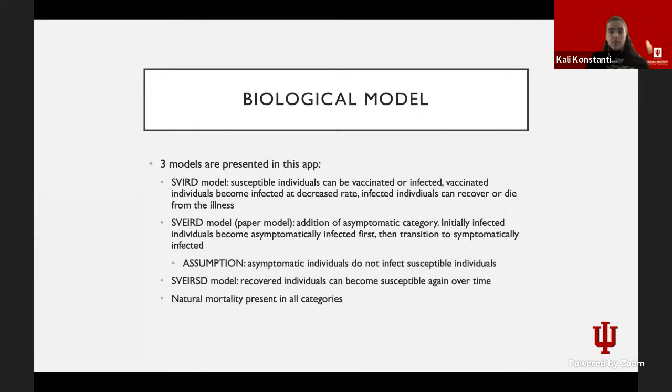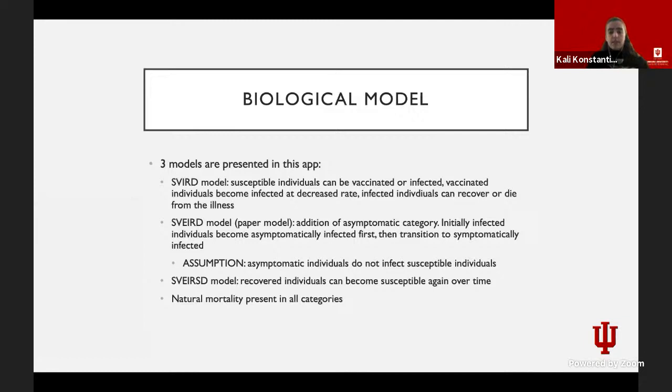So this model assumes that only individuals in the I category can infect susceptible individuals. So that's not necessarily true to real life as well. There's some justification of it in that if you're asymptomatic, you are less likely to transmit the virus, but of course it's still possible.